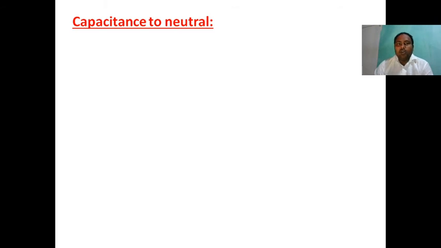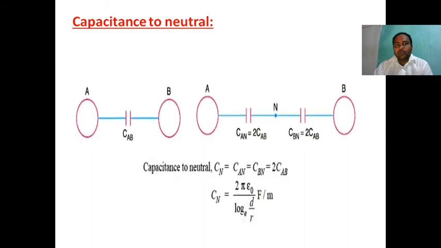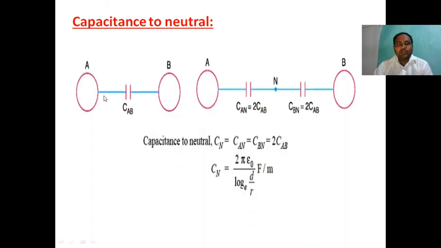So now we go to the capacitance to neutral. If there are two conductors, conductor A and conductor B, the value is CAB. Again, I am telling that capacitance exists in between two conductors, CAB. Here we are calculating the capacitance with respect to the neutral plane.